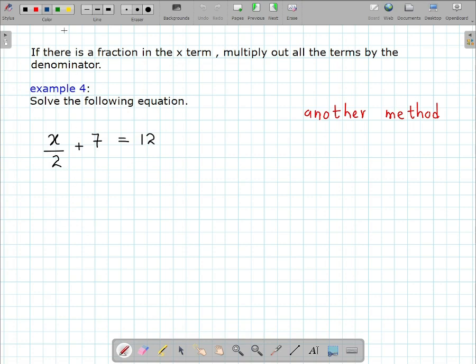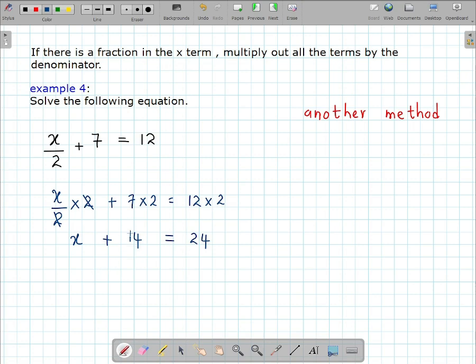So I write x over 2 multiplied by 2, plus 7 multiplied by 2, 12 multiplied by 2. Then here denominator 2, numerator 2, they get cancelled. So only x remains. x plus 7 times 2, that is 14, equals 12 times 2, that is 24.